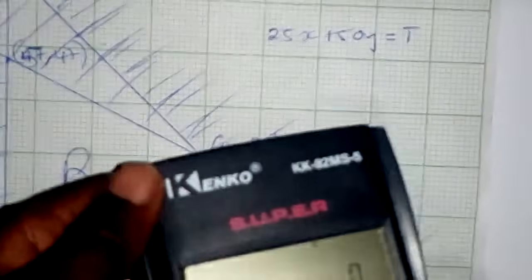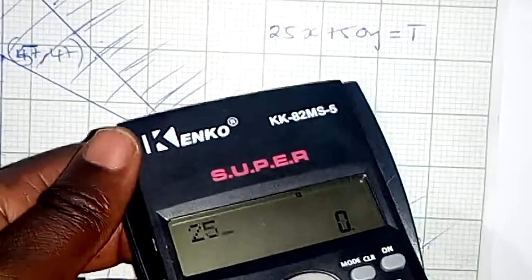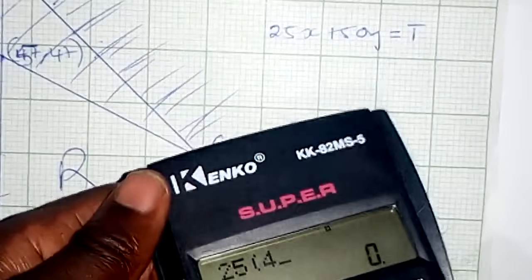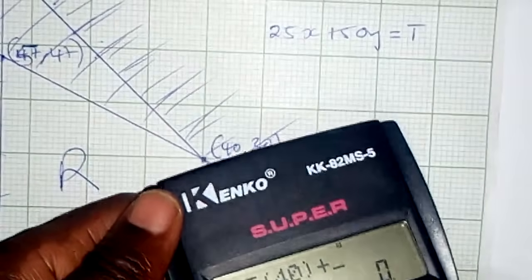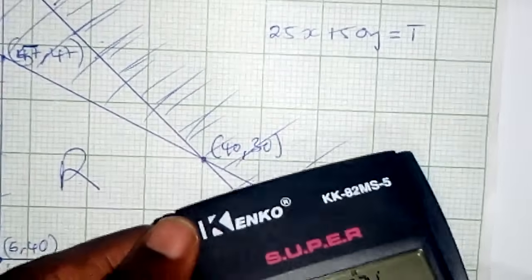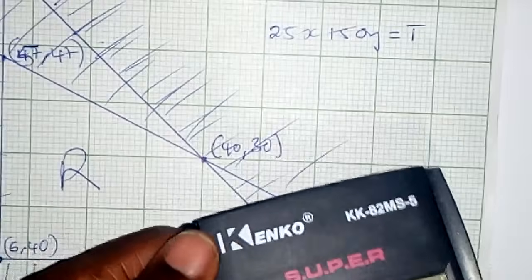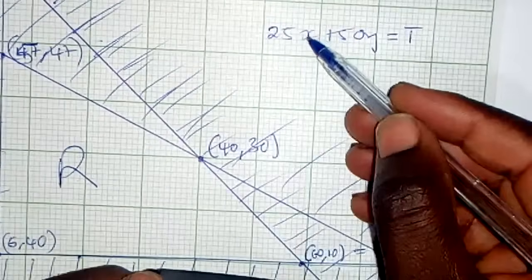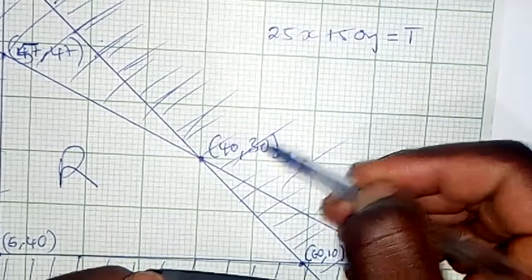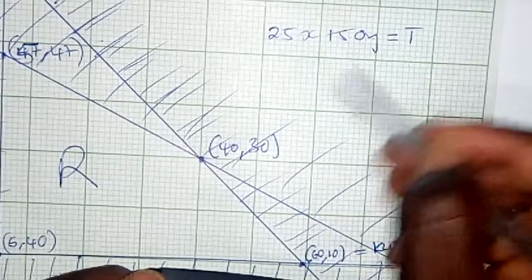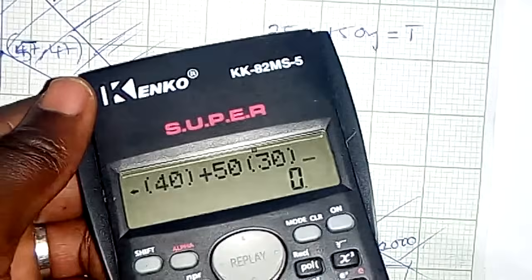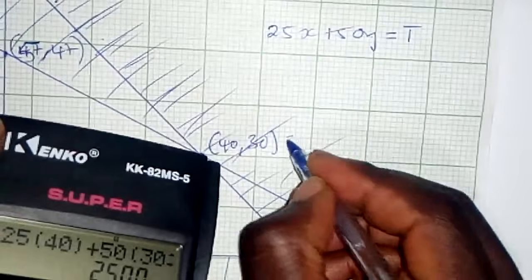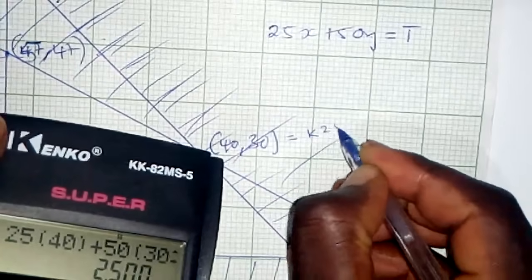For this one, we'll say 25, open bracket, 40, plus 50, open bracket, 30. Here I put the x value 40 where x is, and the y value 30 where y is, and then I solve. For this one, it's giving me 2,500.